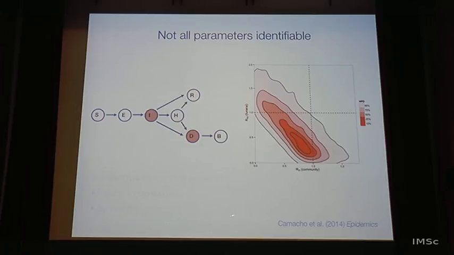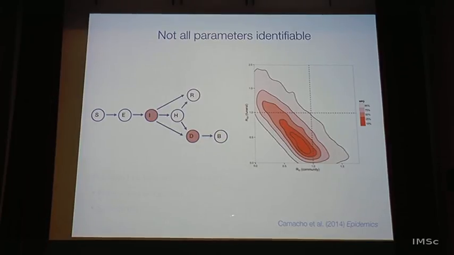So if you do the same thing as in Legrand, that means you try to estimate all the parameters here, and you look at the posterior distribution of the reproduction number in the community and the reproduction number at the funeral, what you get is this big spot that spans above 1 for both parameters, which means that you don't know where it's most likely to be. It could be a lot of funeral transmission and little community, or the opposite, or something in the middle.